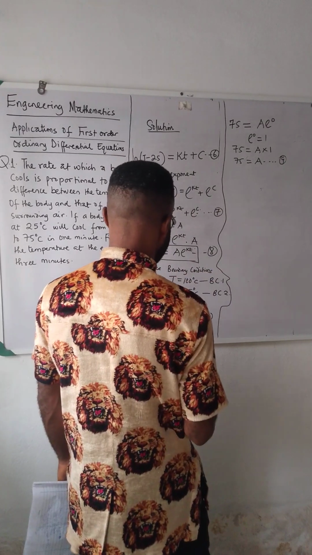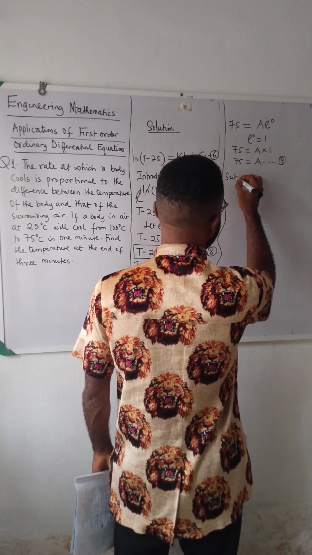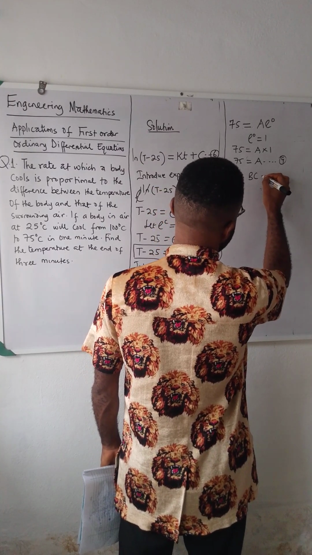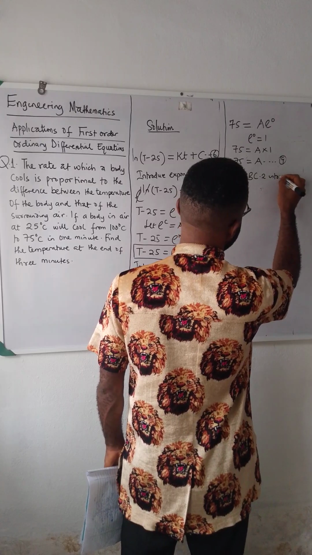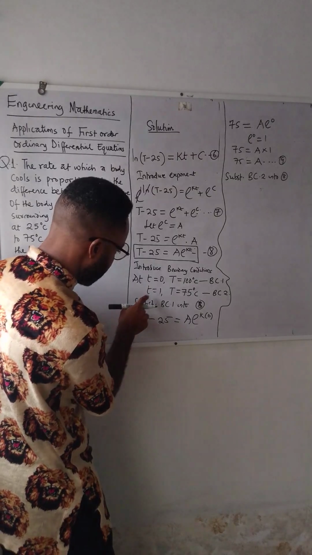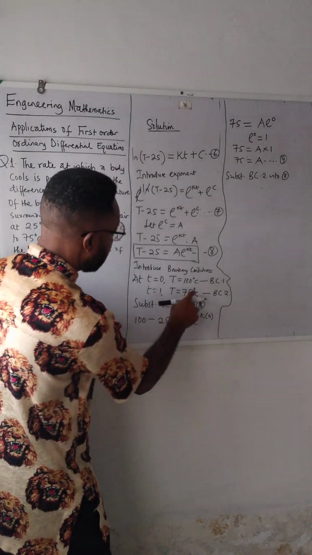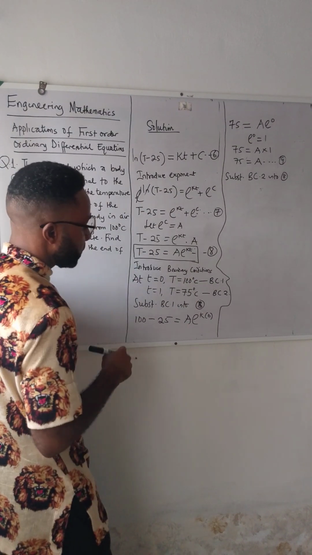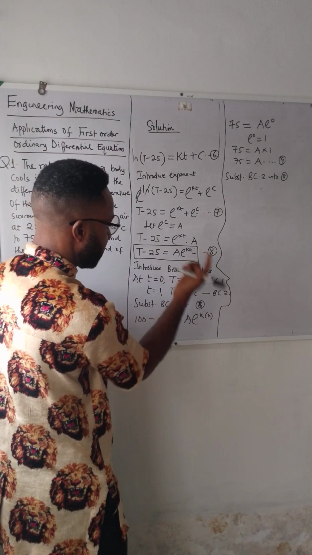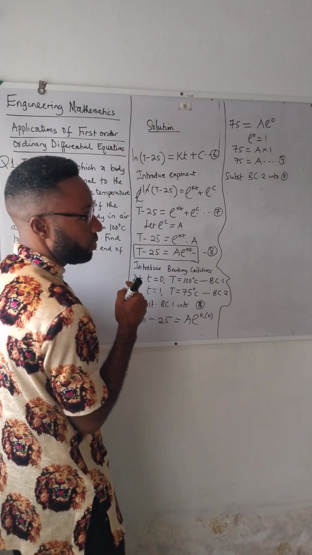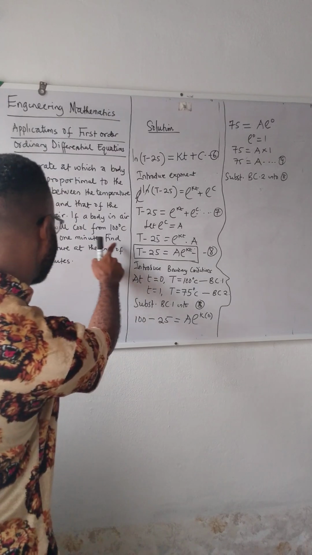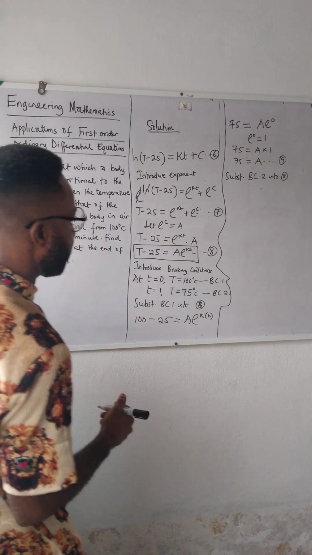So we can further say substituting boundary condition 2 into equation 8 again. The essence is for us to find the value of the constant K, since we've gotten A, so that we can actually find what happens at the end of 3 minutes.